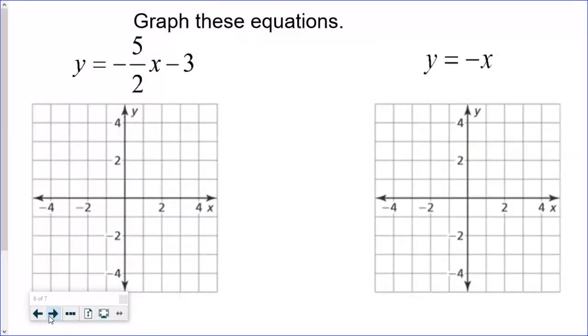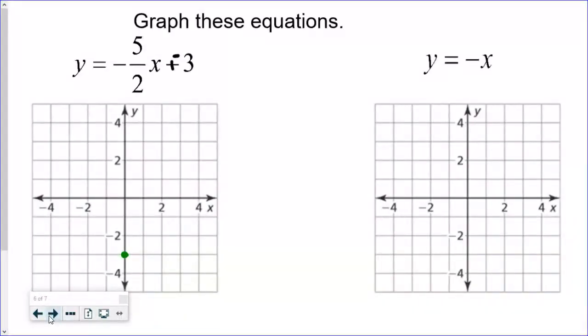Okay, couple more. So again, now be careful. Do the keep, change, because that's really a -3. And now that 5 halves, the negative in front of the 5 halves, can go to the top or the bottom. So let's start it going down 3. Now I need it to be either a -5 over +2 or a +5 over a -2, one or the other, just not both.